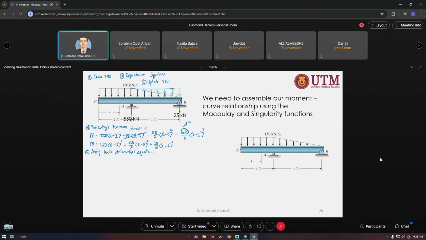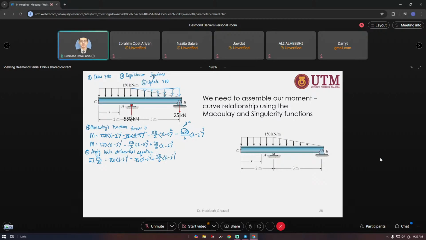So EI d squared y over dx squared is equal to 550 (x minus 2) power 1 minus 150 divided by 2, you will get 75, isn't it? Yeah. Okay, so I can simplify it. Plus 50 divided by 6 (x minus 2) cubed.